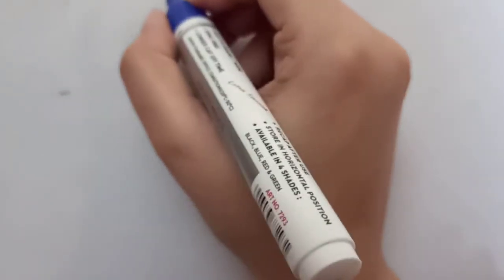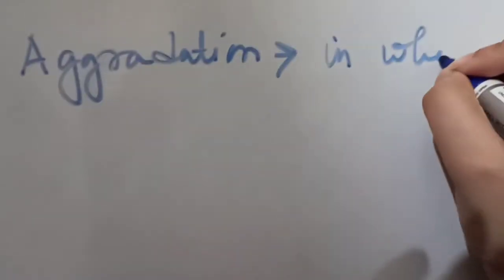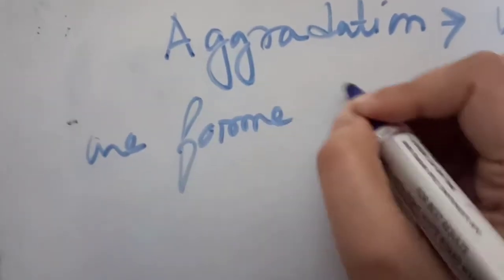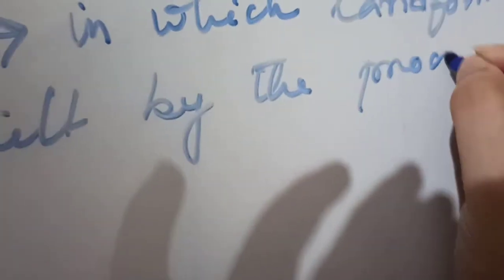After the process of degradation, the process of aggradation takes place. What is aggradation? It is a process in which landforms are formed or built by the process of deposition.